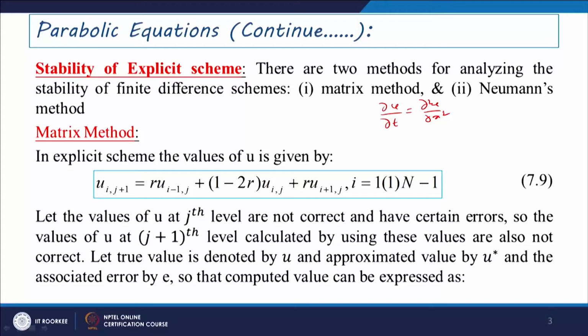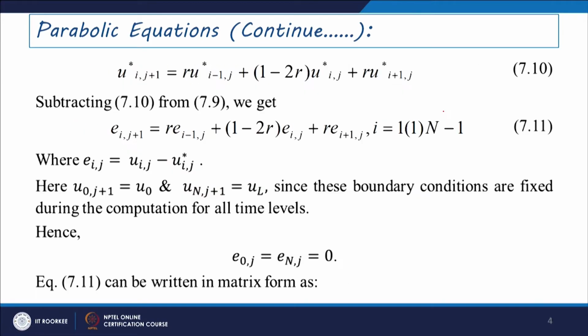Let the true value be denoted by u and the approximated value by u star, and the associated error by e, so that the computed value can be expressed as u star i j plus 1 equals r u star i minus 1 j plus 1 minus 2 r u star i j plus r u star i plus 1 j.